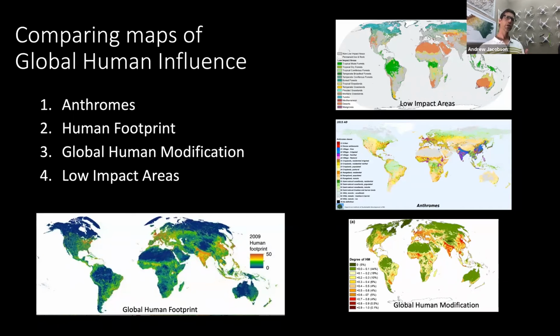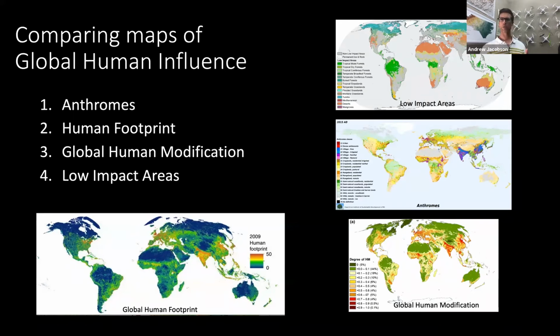Now, initial attempts at mapping global human influence started in the 1980s with a focus on identifying wilderness areas, those areas that were really untouched, unimpacted by people. These first maps were revolutionary, but were pretty crude, as you might imagine, due to both data and computing limitations.